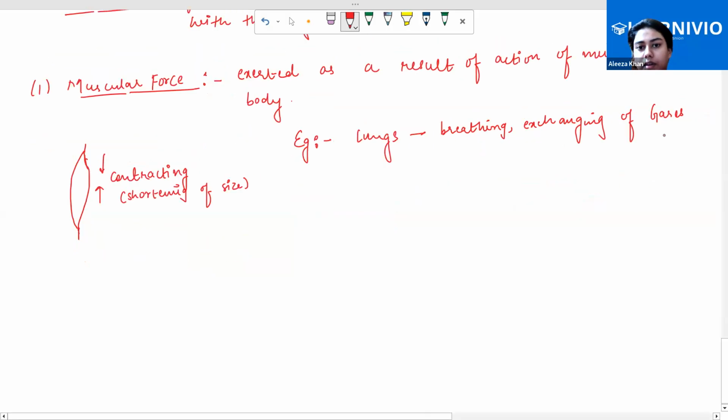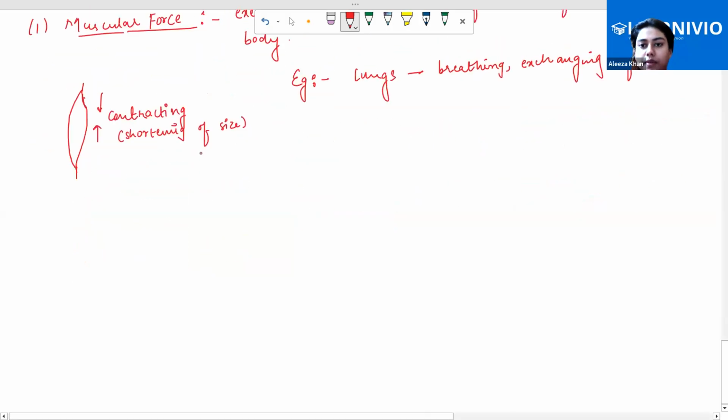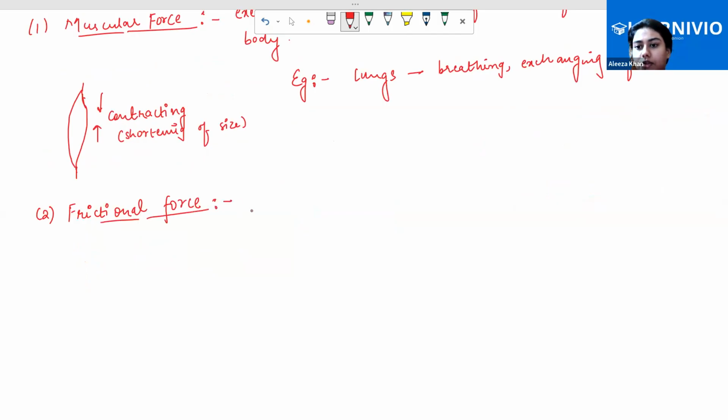Coming on to the second type of force, that is frictional force. Okay? Fine. So what type of force is this? Friction is something that is opposing the movement. Yes or no? Yes, ma'am.